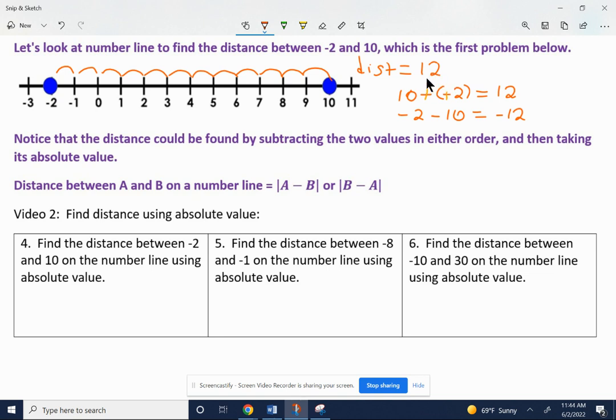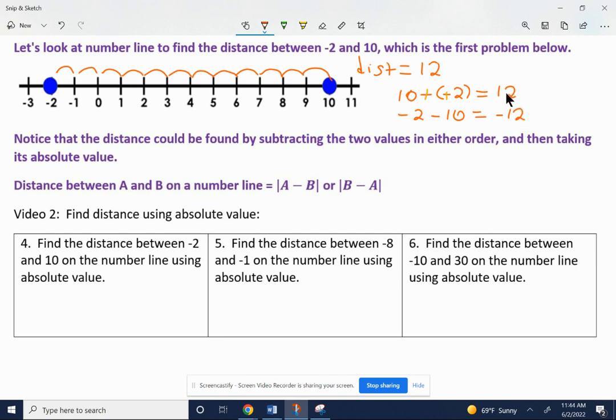The point is, the shortcut for finding the distance between 2 points on a number line without just counting the spaces is if you take one number minus the other and take the absolute value of the answer, because you could end up with the right answer or you could end up with the wrong answer because it's negative.